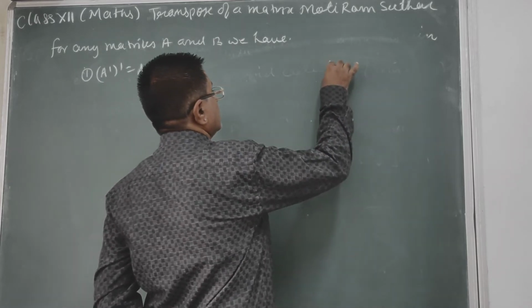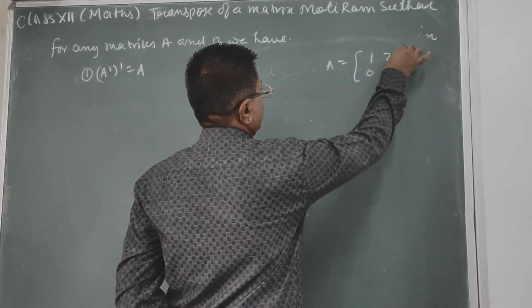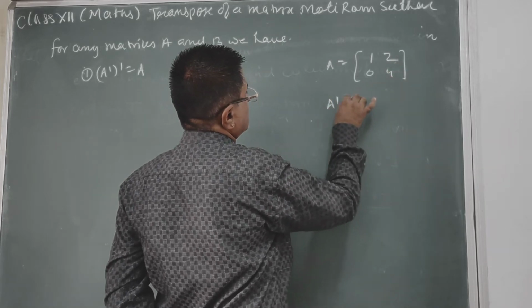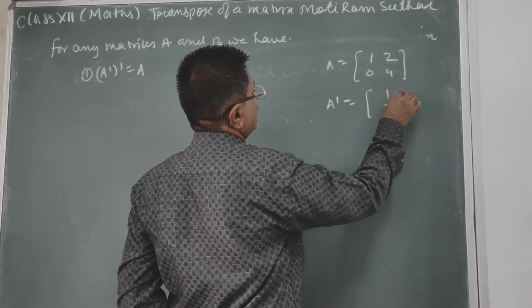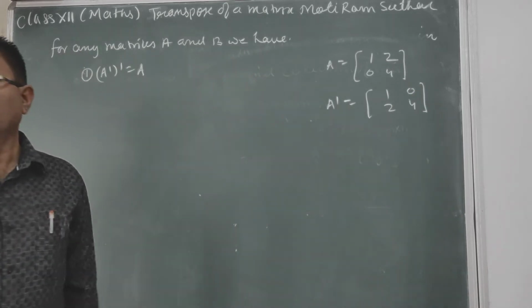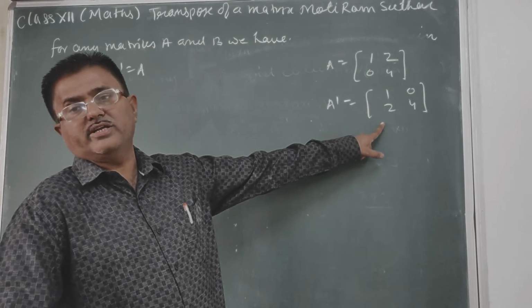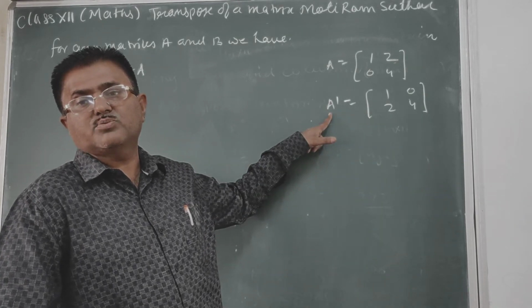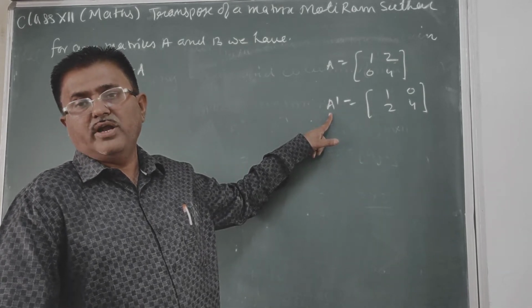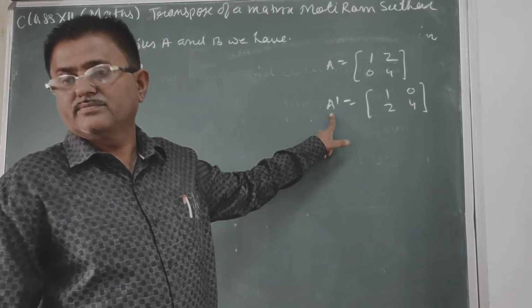Like we can say, suppose we are given the matrix 1 2 0 4. So its transpose: the first row converts into a column. Now if you want to find the transpose of this matrix again, that is the transpose of the transpose of a matrix. Finding the transpose again of the matrix's transpose, correct?